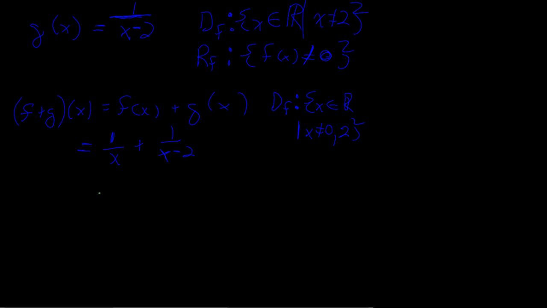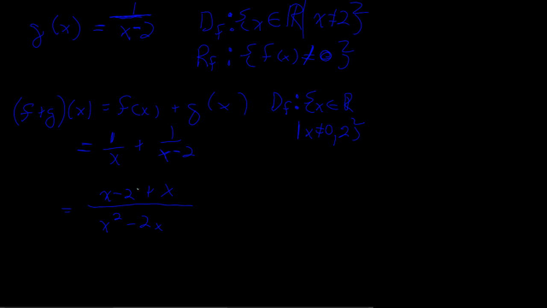And if we wanted to, we could say this would be x minus 2 plus x over x squared minus 2x. Right? This denominator is different from this denominator, so I'm going to multiply this by x minus 2 over x minus 2. That's going to give me the leading x minus 2. And this denominator needs an x to get the common denominator, so I'm going to multiply this by x over x, which will give me x.